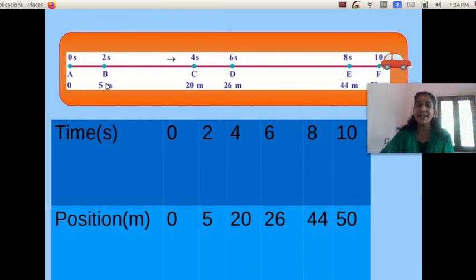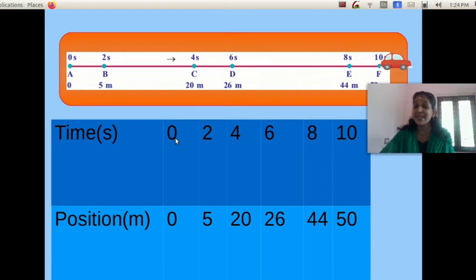At 2 seconds it will travel 5 meter. At the 4th second it will travel 20 meter. So its speed is not uniform, isn't it? Between 4 and 6 seconds, it will travel only 6 meter. Between 6 and 8 seconds, it will go from 26 to 44 meter.